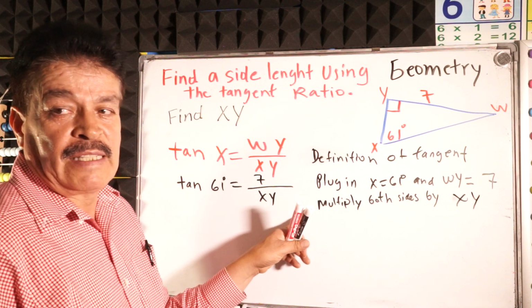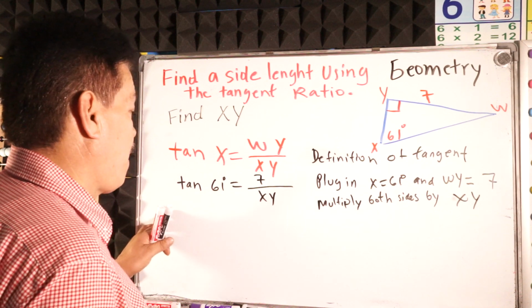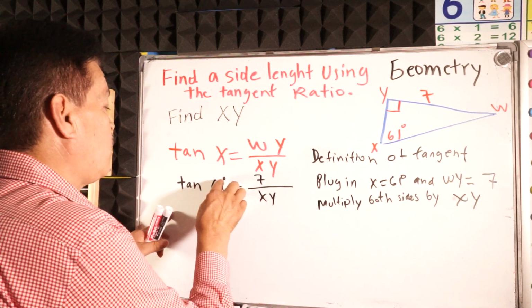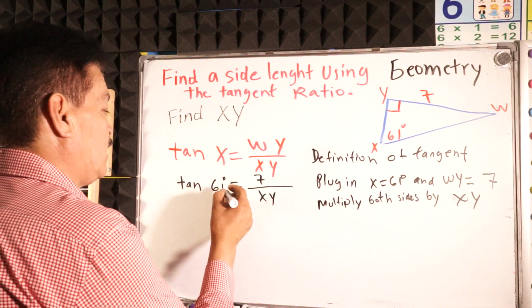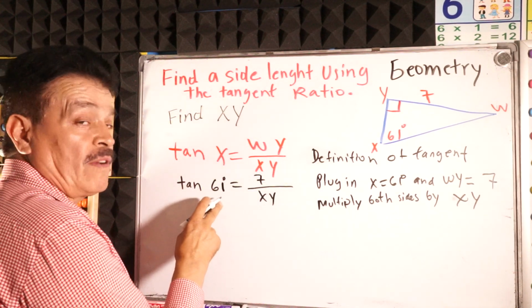When you multiply this, we also have to find the tangent of 61.